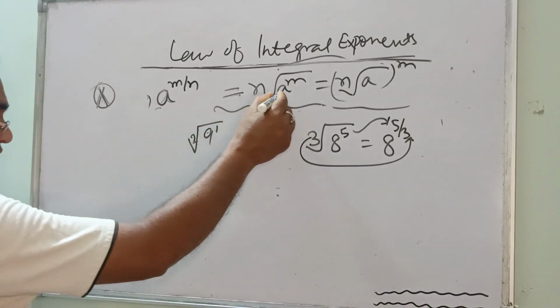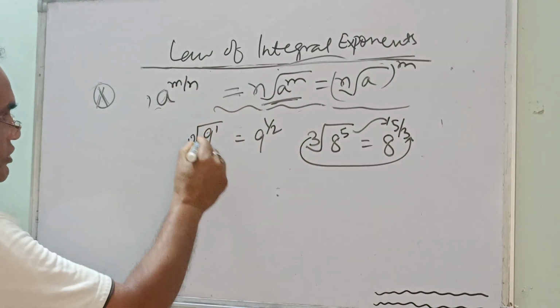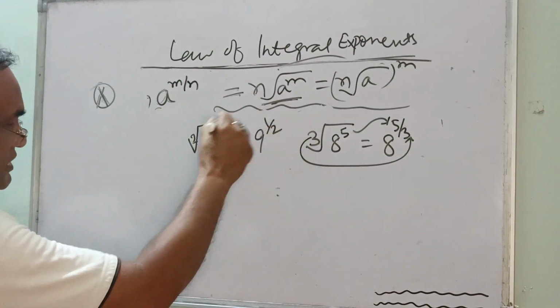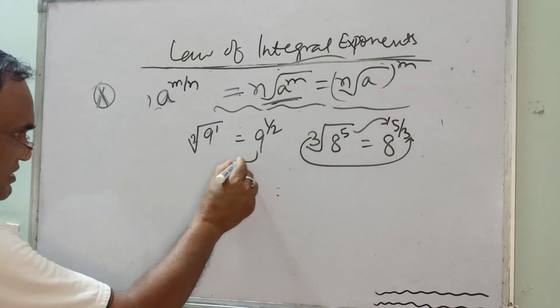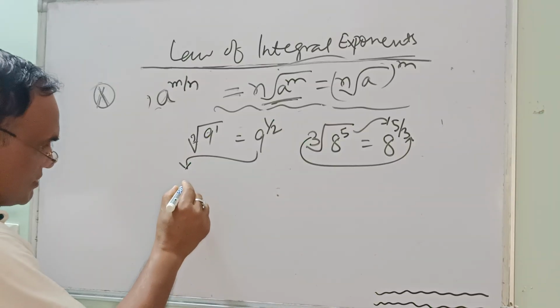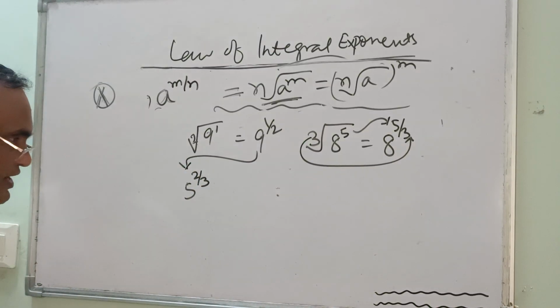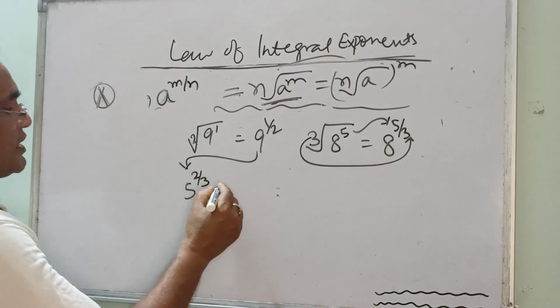So I have cleared this first step, a to the power m upon n. No, just the opposite. Vice versa you can write here. If you get somewhere 5 to the power 2 upon 3, vice versa, what can you write, gentlemen?